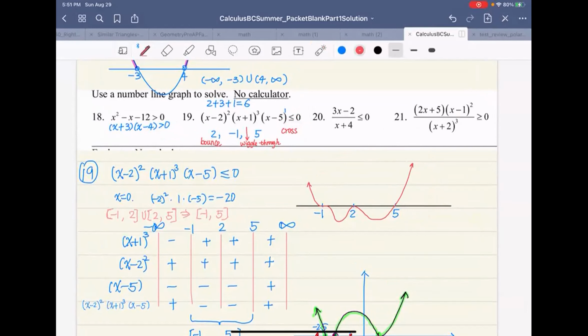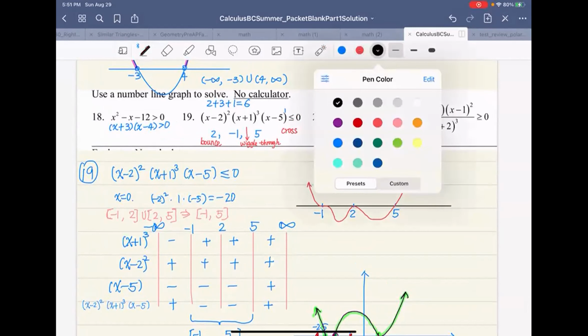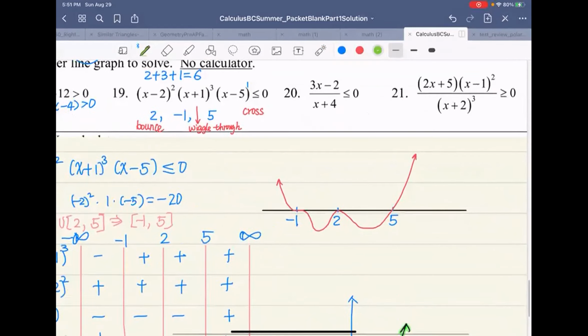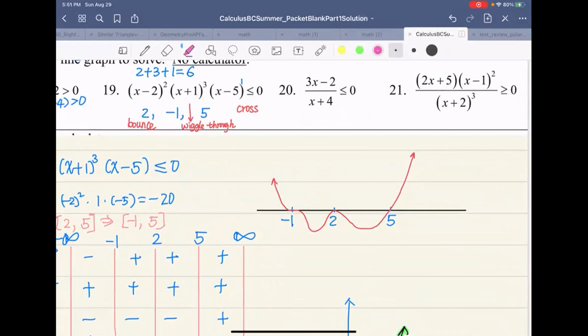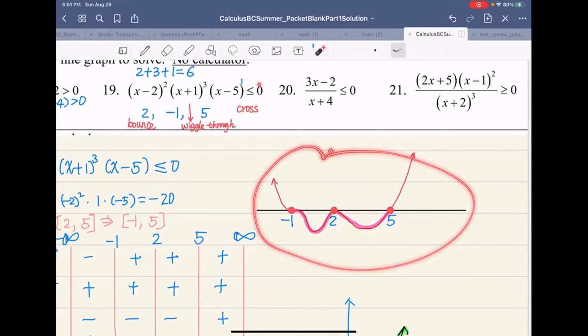So when we finally choose our answers, we will choose there, there, and then there. And make sure we say, hey, those points we are allowed to choose because we have the equal sign here. Okay? This is my way of doing those inequalities.